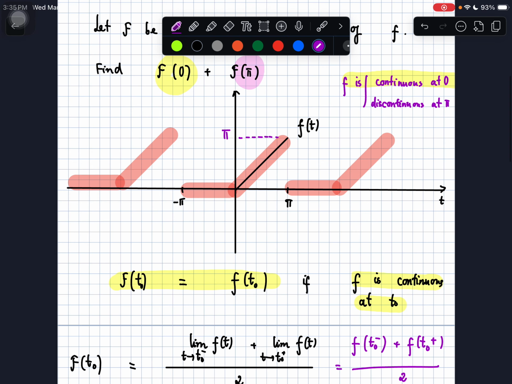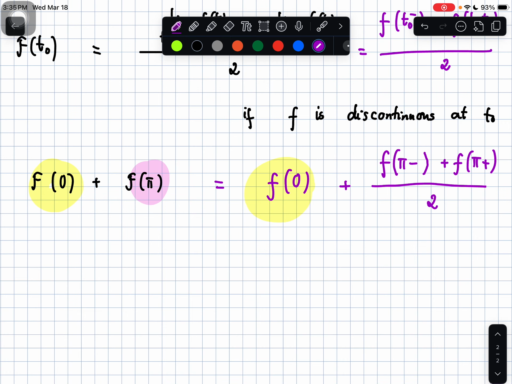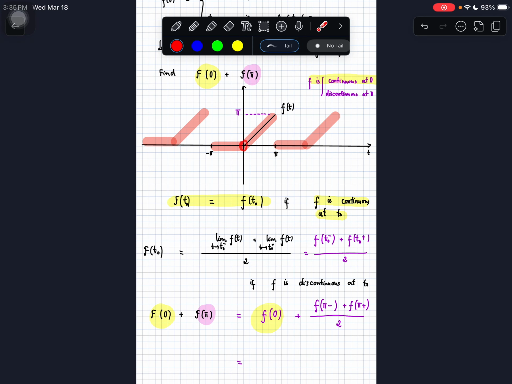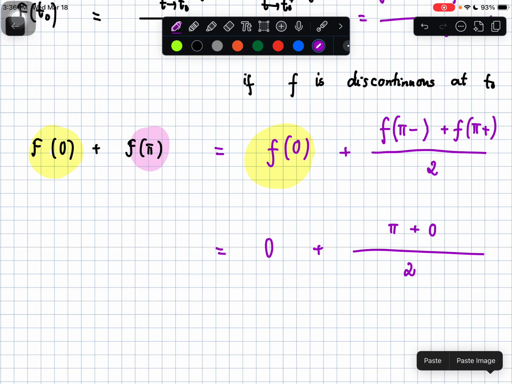So the left-hand limit is pi, and the right-hand limit equals 0. And f at 0 equals 0; you look at the graph and see that here it equals 0. So 0 plus (pi plus 0) over 2 equals pi over 2.